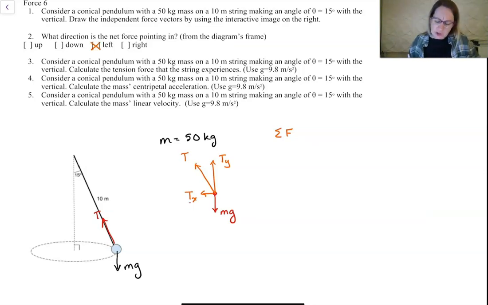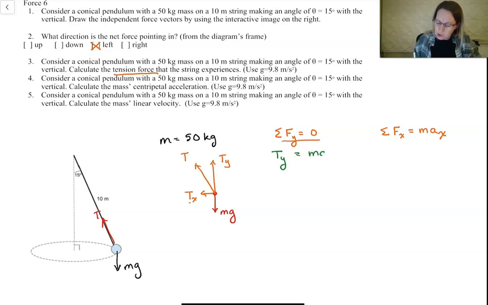Okay, and so we're supposed to first find the tension force. So we can say the sum of the forces in the y direction equals 0 because there's no acceleration in the y direction. It's not accelerating up and down. But the sum of the forces in the x direction equals mass times the acceleration. If we look at the y direction, Ty is equal to mg.